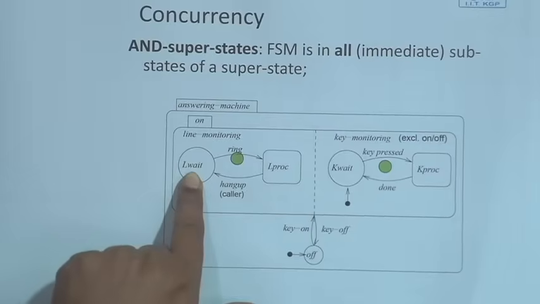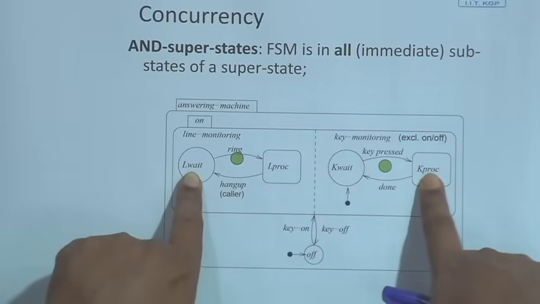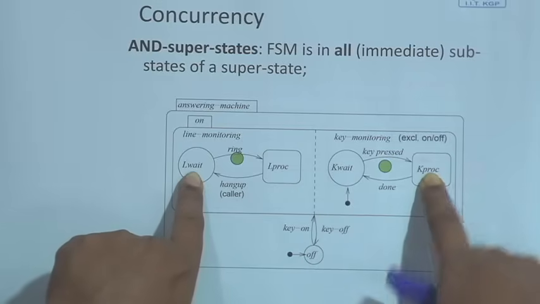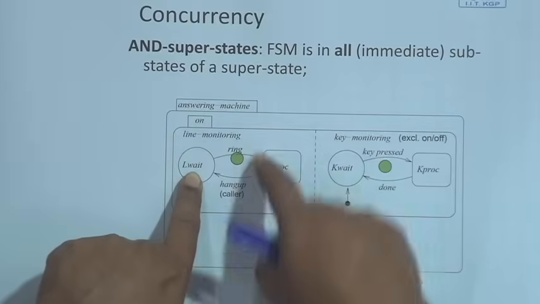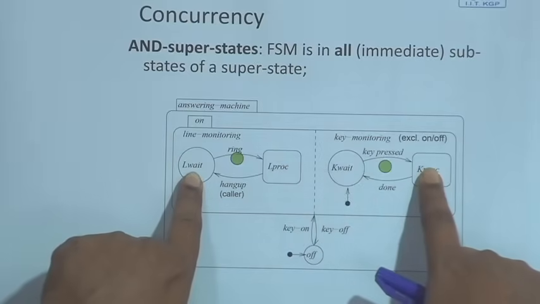If I am in L wait and I am doing some key processing, no phone has come, but I am just recording my messages or whatever, then also I am in line monitoring as well as in key monitoring, right. In this big picture, both of them I am in, so that is active.